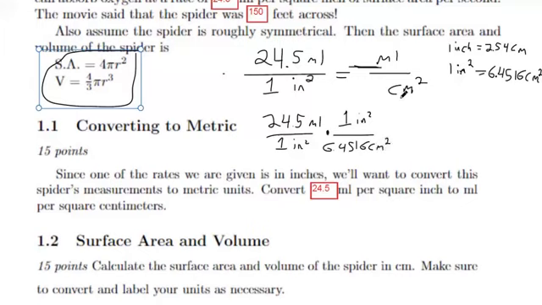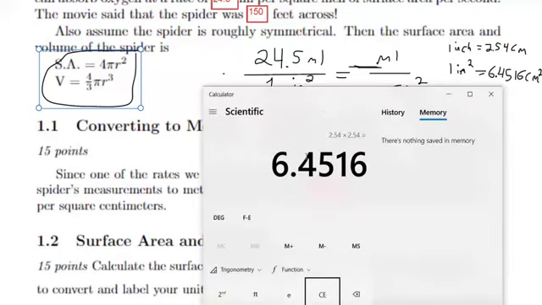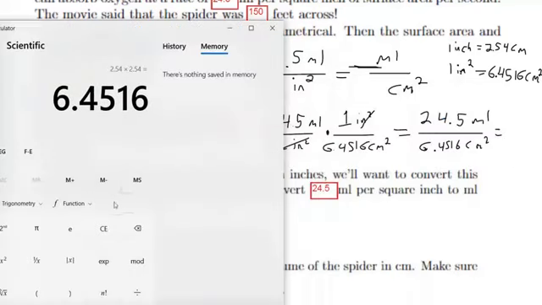That way we get the desired units in the denominator, right? Because just like with fractions, these can cancel when you're multiplying fractions. Those units are gone. That leaves us with the units we're looking for: 24.5 milliliters per 6.4516 centimeters squared. But we want to simplify a little bit more, because usually we don't express it in terms of anything other than 1 square centimeter in the denominator.